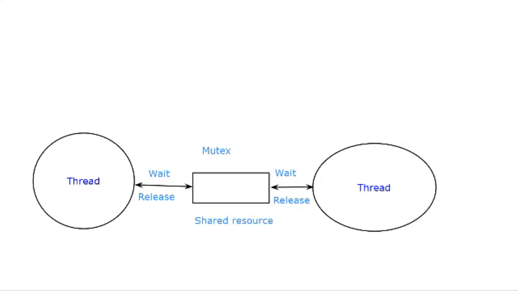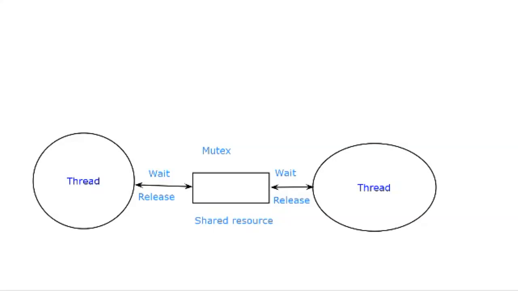Mutex is a variable which ensures mutual exclusion, and with mutex threads are attached. Whenever shared resource is accessed by more than one process, then mutex lock is used. The process which has entered the critical region will execute, and the other threads, other processes will wait for the CPU time.